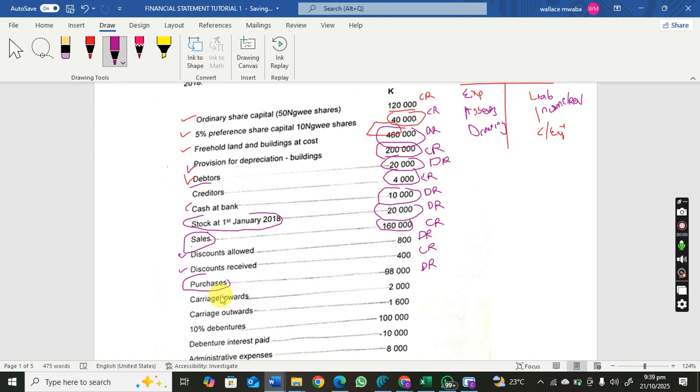Carriage inwards, this is the delivery expense. Okay, for example, if your supplier brings goods to you, and they charge you that transportation fee, that is carriage inwards, so it's an expense.